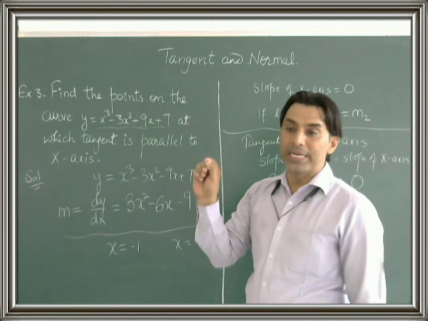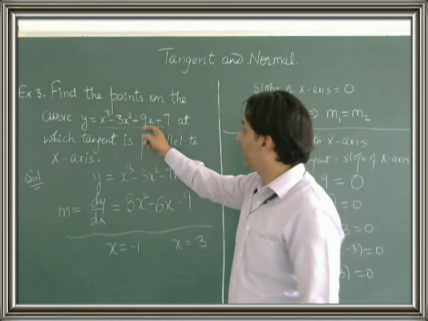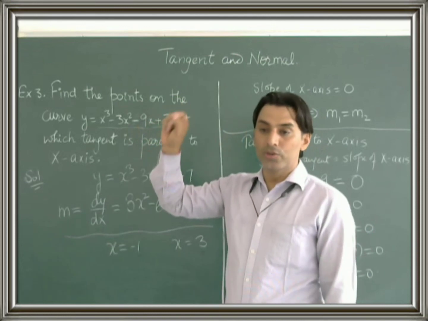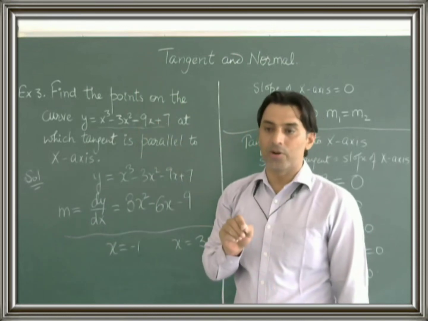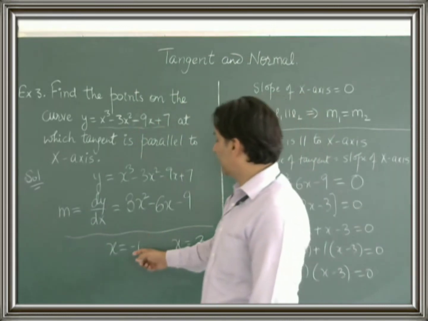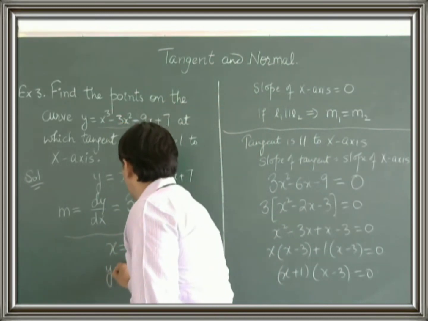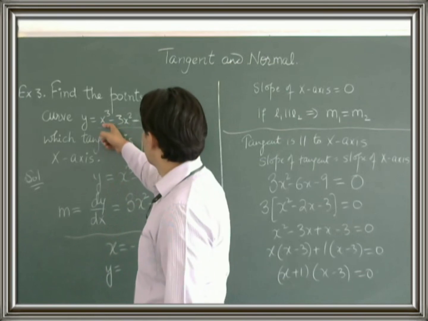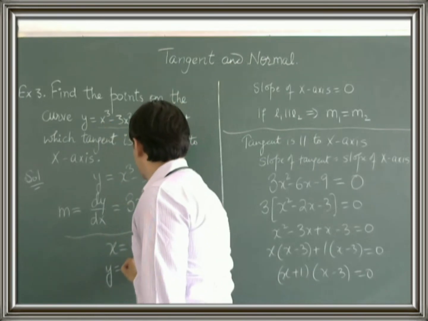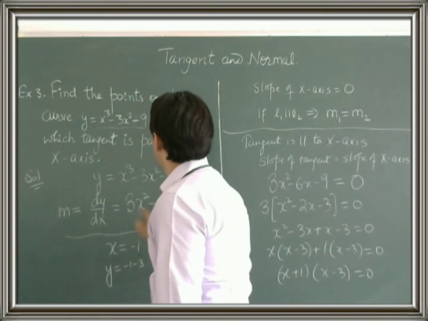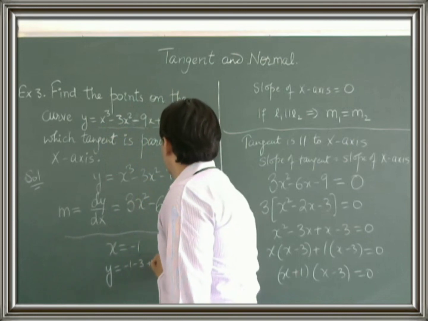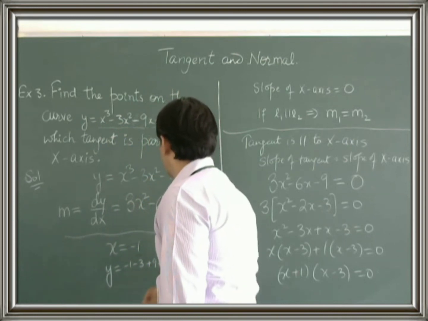Because जो पॉइंट आप ड्रॉ करोगे वो आप इस कर्व पे ड्रॉ कर रहे हो, means the point you have on the curve at which you will draw the tangent. तो इस x को -1 आप इस कर्व में put करो, you will get the value of y. If you put -1 here, you will get -1 minus 3 plus 9 plus 7.